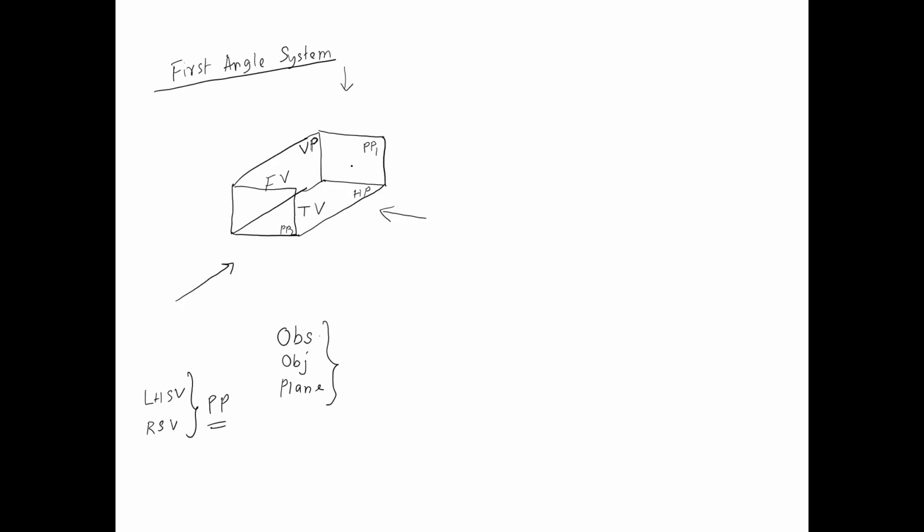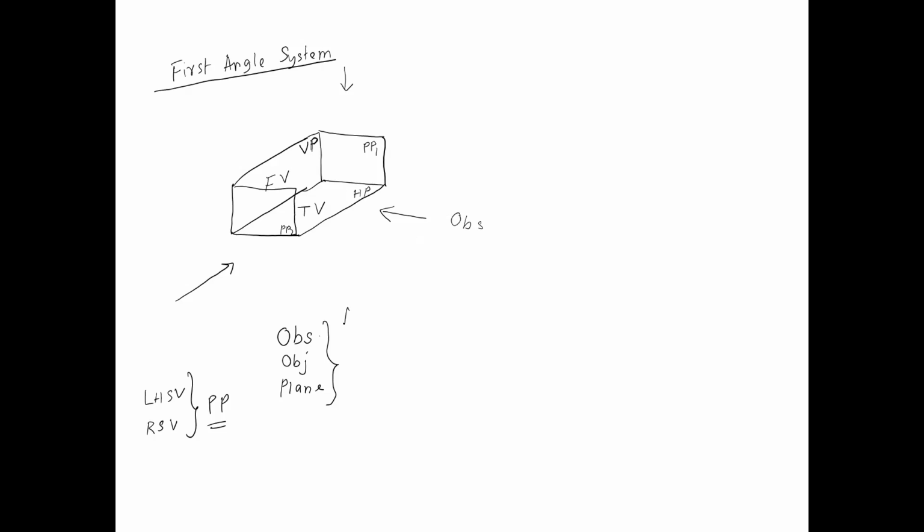So when you are drawing the front view, object is here in the first quadrant. Object is located somewhere here where I am circulating my pointer. Observer is located at infinity, at an infinite distance. This is where the observer is. Object is somewhere here, and plane of projection comes at the end.